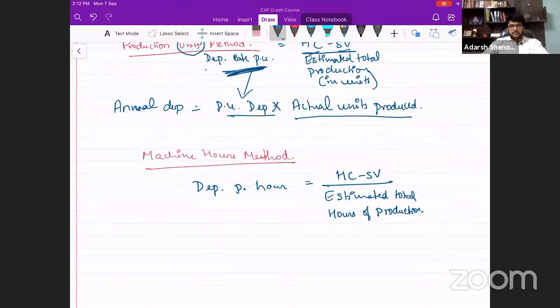For example, I know we are not aware of all this, but every asset, especially technology related assets, has a useful life in terms of hours used also. I was just doing some research about my laptop. I have a MacBook, and in the MacBook there is a battery.